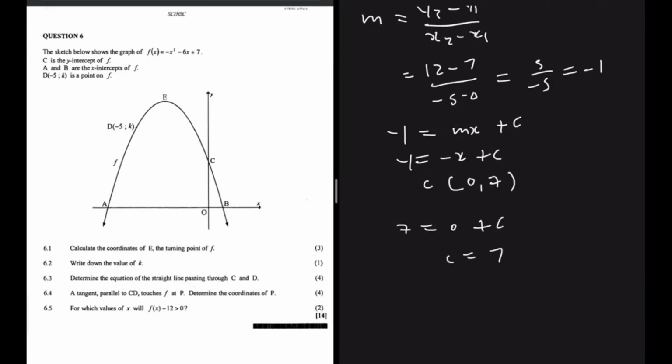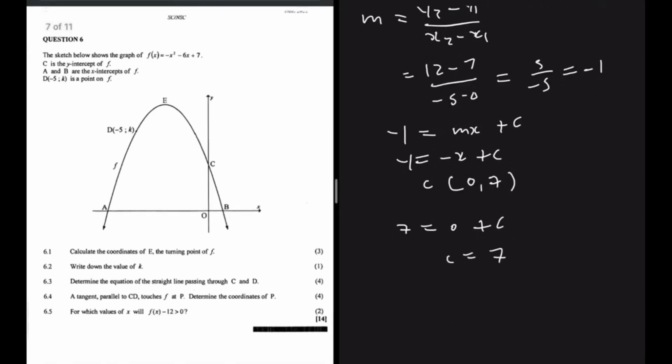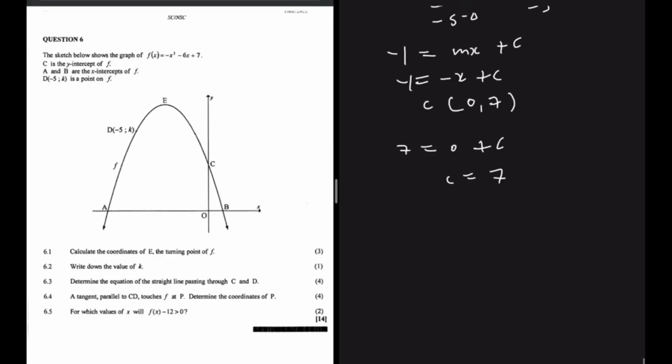So c is just basically 7, which makes sense because the y-intercept of the line that is passing through C and D will be the same y-intercept of our graph of f(x), right? So we're gonna have y equals minus x plus 7, which makes a bit of sense.